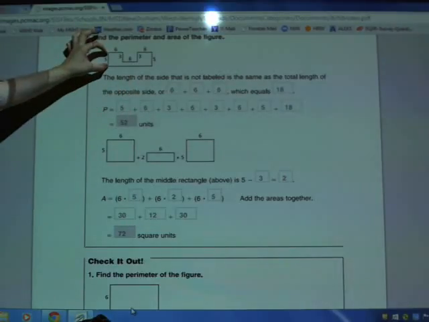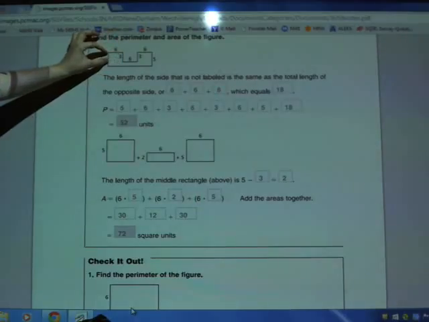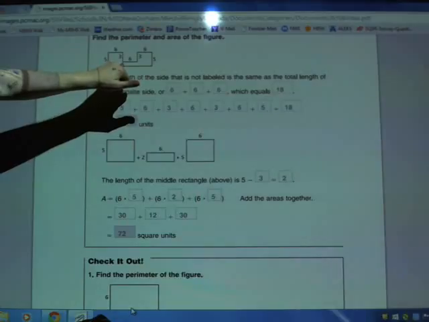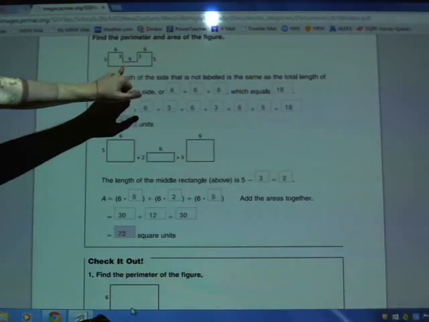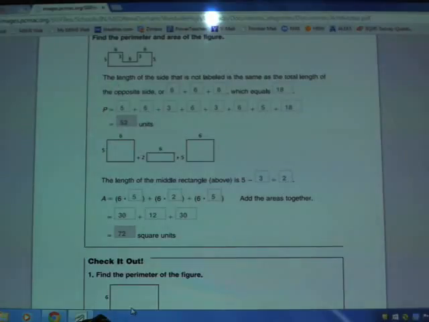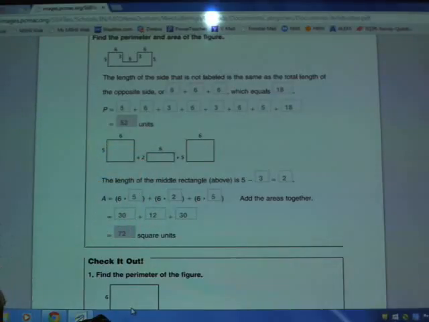But we know that the whole distance is 5, and the distance from here to here is 3. How do I know that? Well, from here to here it's 3, and that would just translate directly over, which means that this little segment has to be 2, because 3 plus 2 makes my whole distance of 5. And that's why they're saying it's a 6 by 2 rectangle, 12.